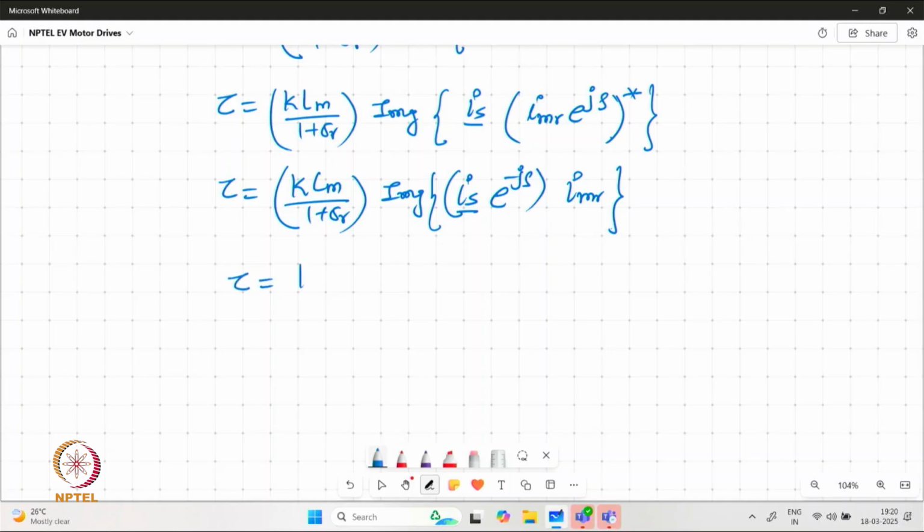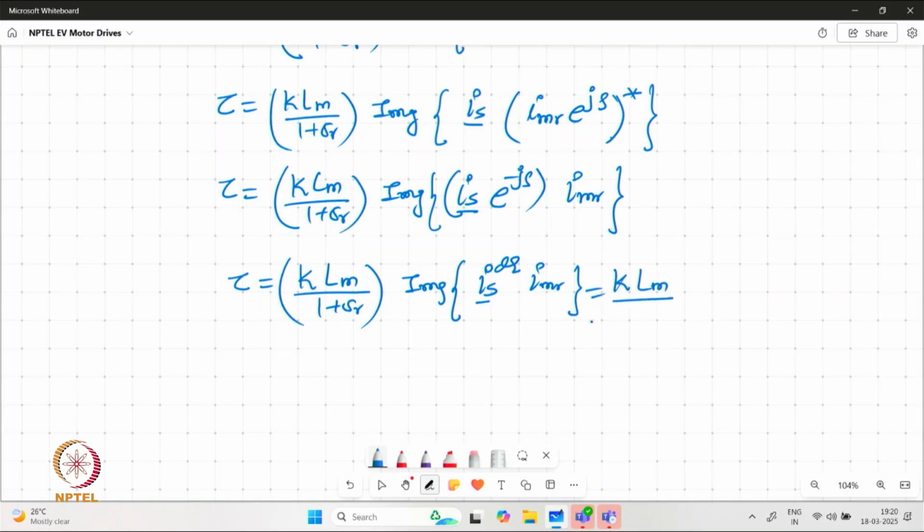So this can now be seen as the imaginary of IS in DQ frame of reference times IMR. Now if we open this IS in DQ frame of reference, we can denote it by ISD plus J ISQ. So we can find easily that the imaginary term corresponds to the product of ISQ and IMR.